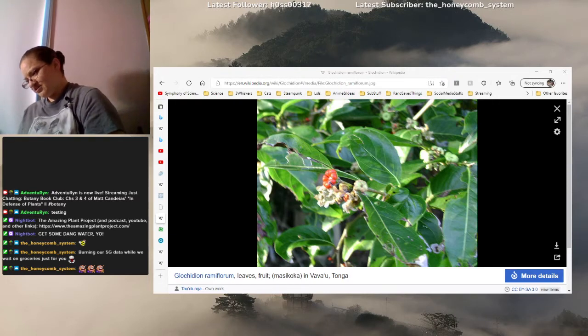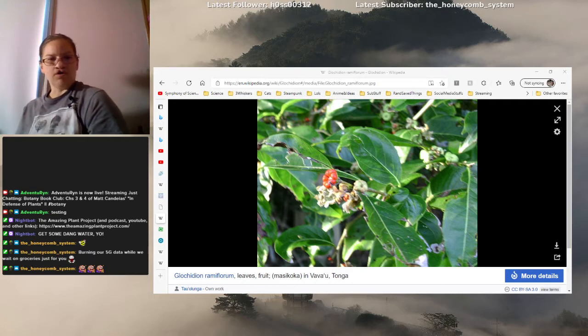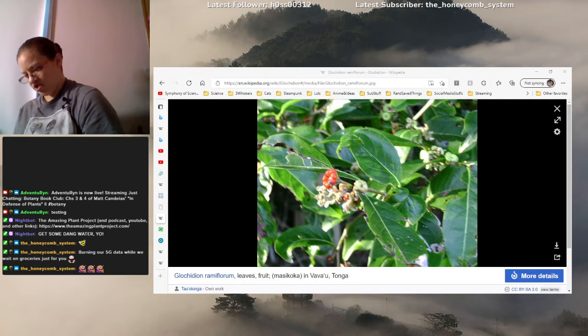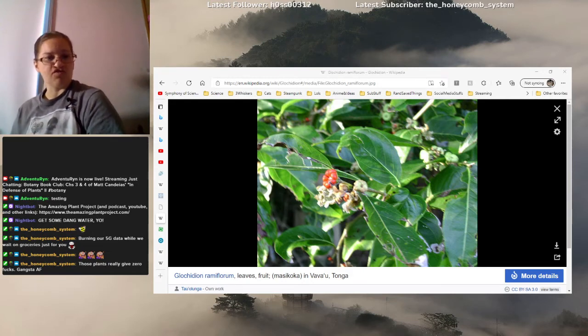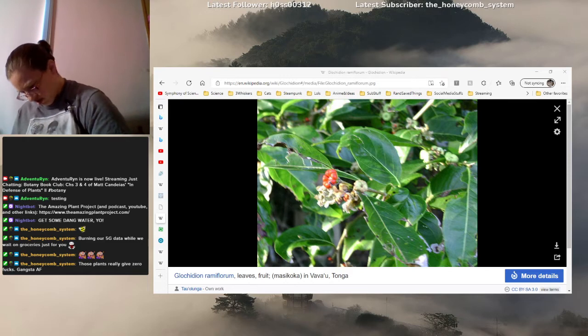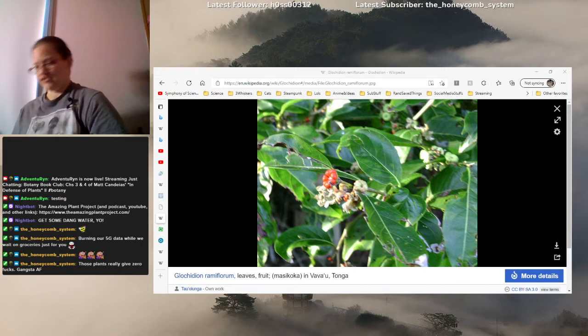Alright. So, the next one in the lineup here, and is that the first one? Yeah, I forgot about that. So the first image for chapter 3 is the lily that's being pollinated by the pipevine swallowtail.